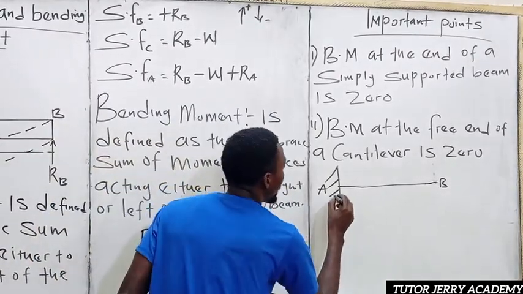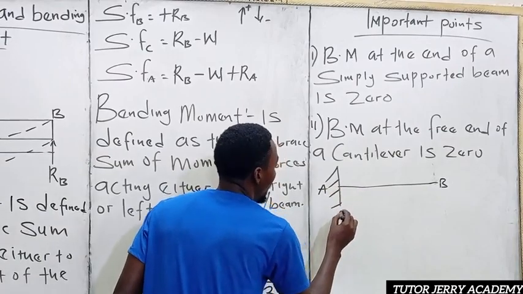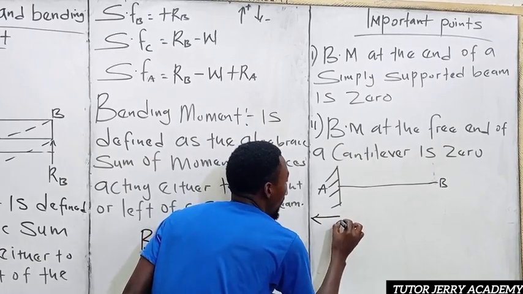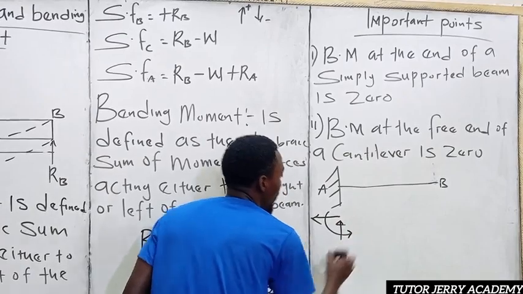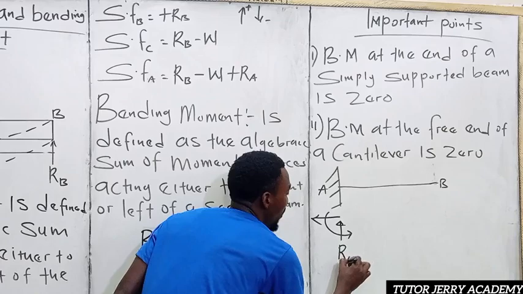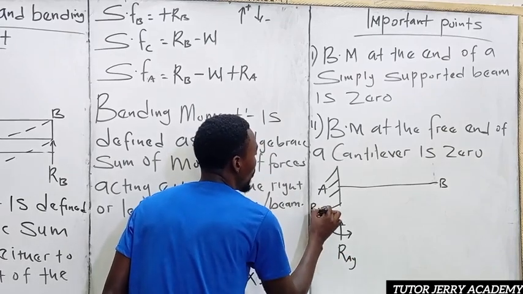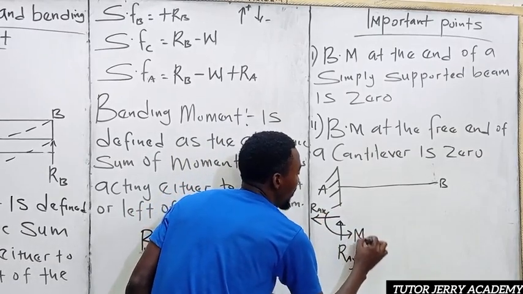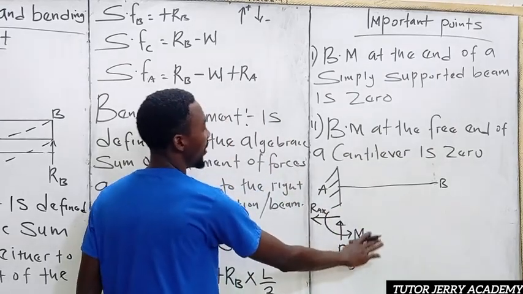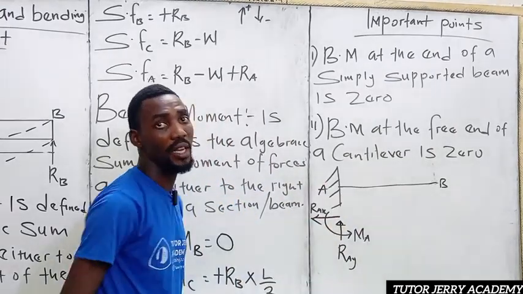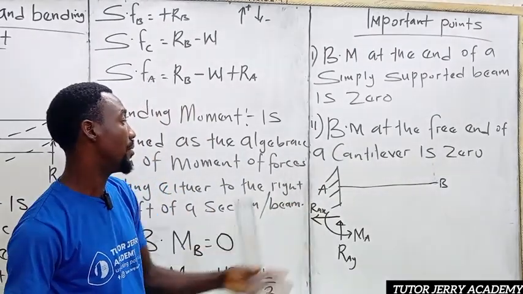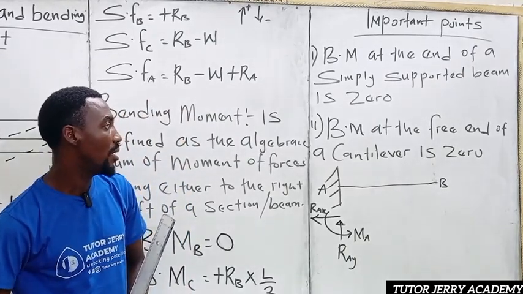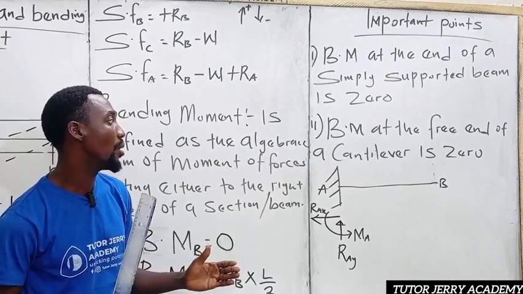So we are going to have this as arrow Ay, and here as arrow Ax, and here as MA. All right, so this will be the free body diagram of this fixed support.